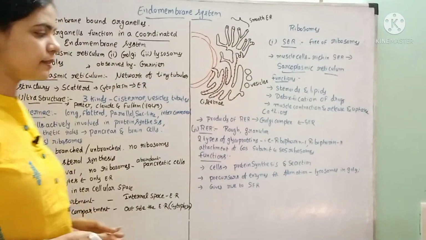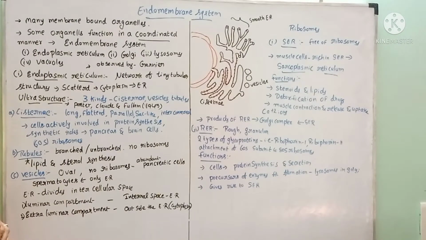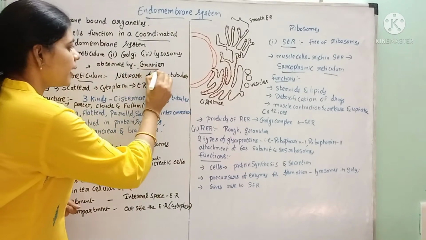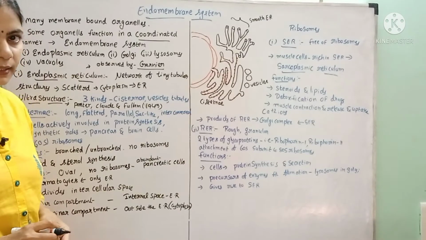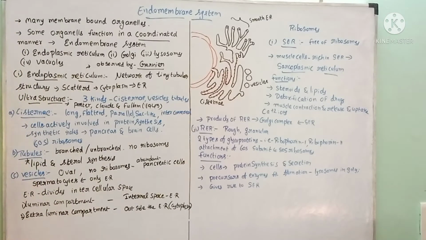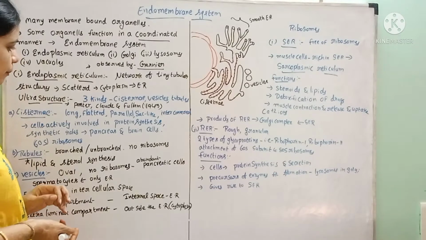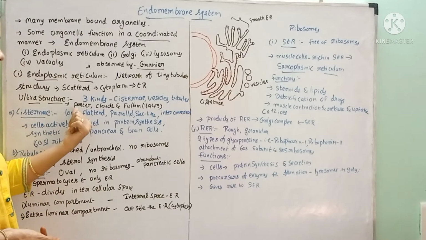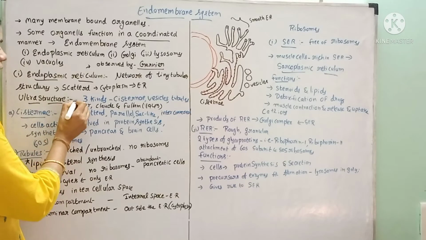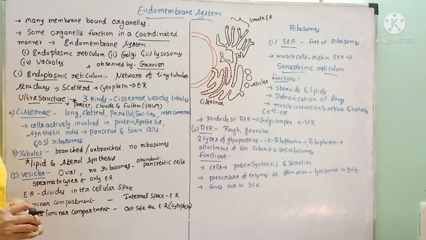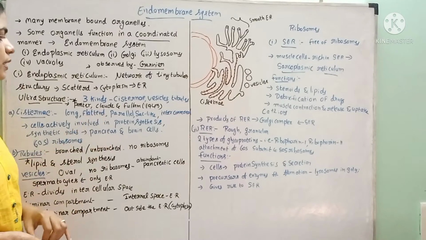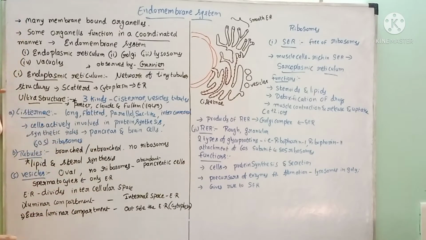The endoplasmic reticulum was first observed by a person called Garnier, whereas the ultrastructure of the endoplasmic reticulum was first studied under the electron microscope by three scientists: Porter, who was very important and studied the ultrastructure, along with Claude and Philip.